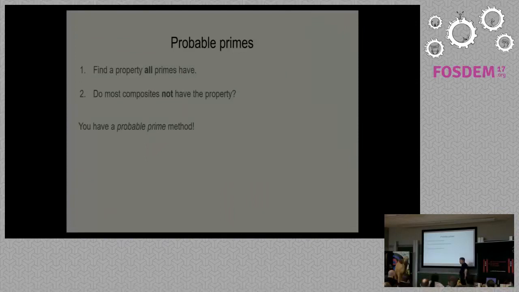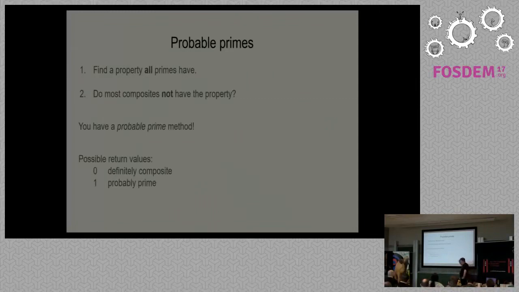Because these are hard, we come up with this idea of a probable prime. So what do we do to find a probable prime? You find some property that all primes have and that most composites don't have. If lots of composites have it, then it's not a very useful test. But if all primes have this property and very few composites have it, then this is actually fairly useful, and this is quite commonly used.